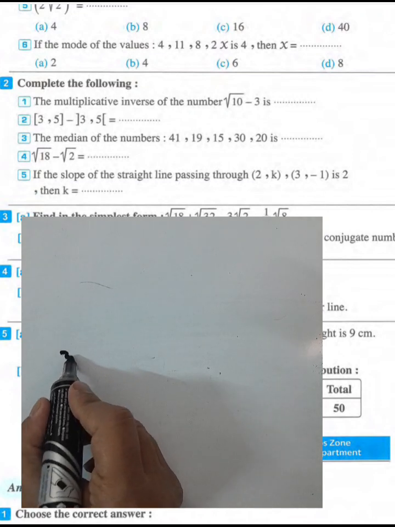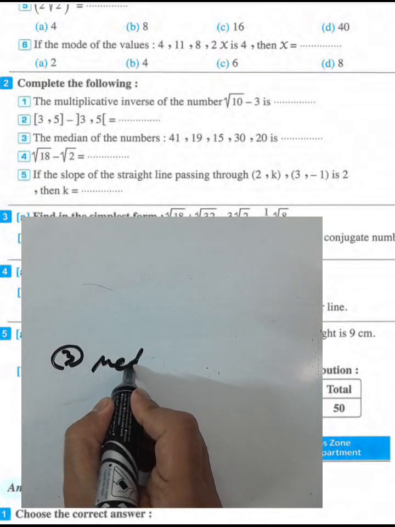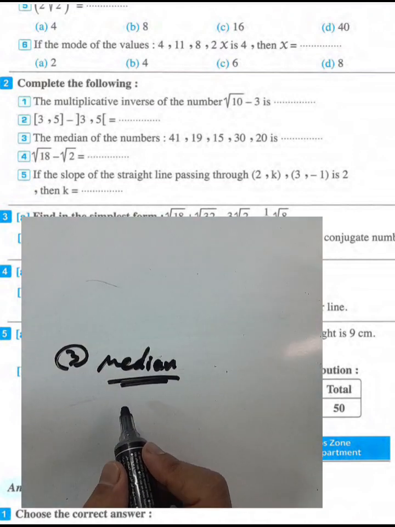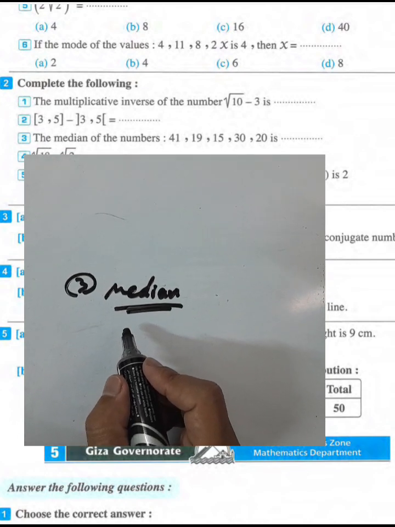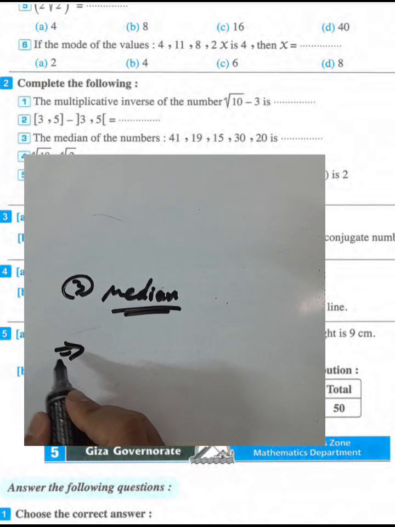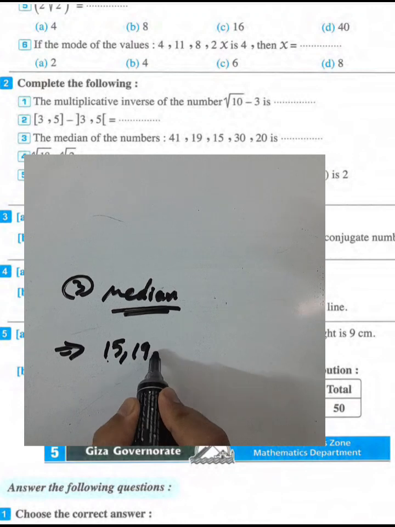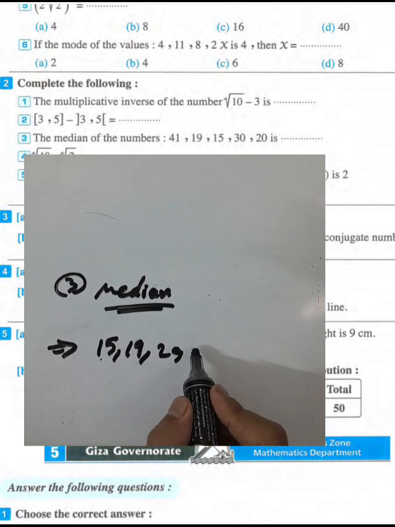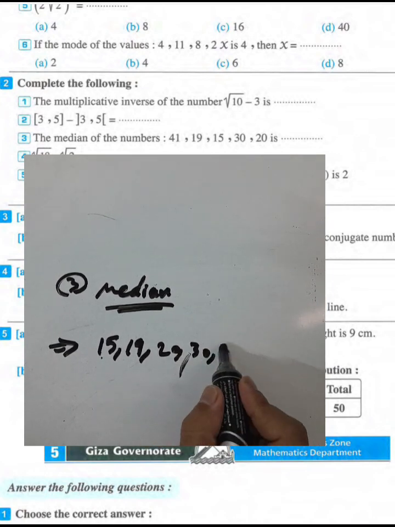Question number 3: the median of the numbers. To find the median, you must arrange all the values in ascending or descending order. Here we have all the numbers. First step, write the smallest number from left to right: 15, 19, 20, 30, 41.